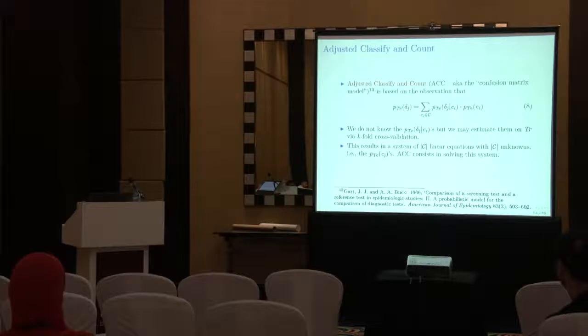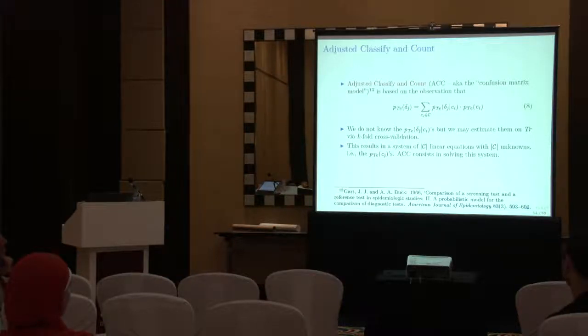Okay, so since we have this, this essentially results in a system of linear equations, where cardinality of C linear equations with the same number of unknowns. So estimating the class prevalences by this method essentially corresponds to solving this system of linear equations.